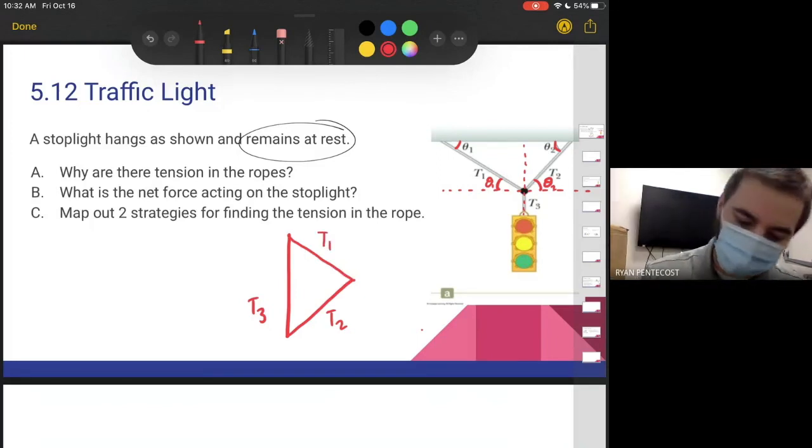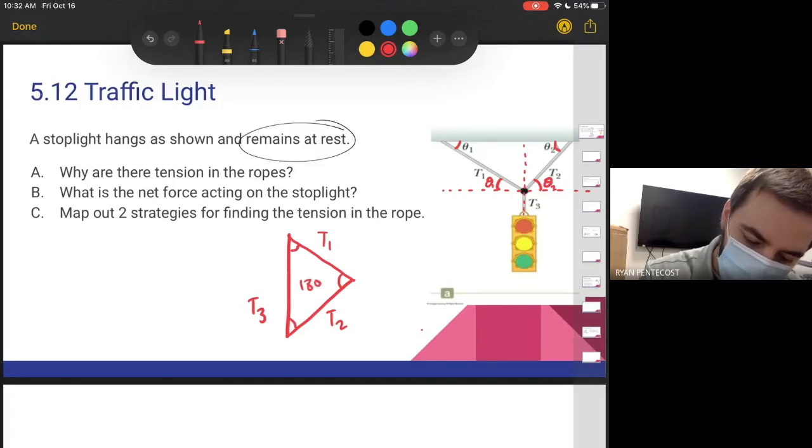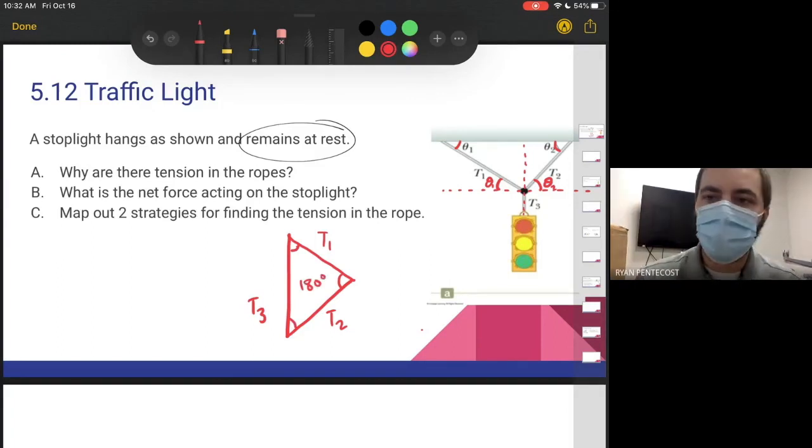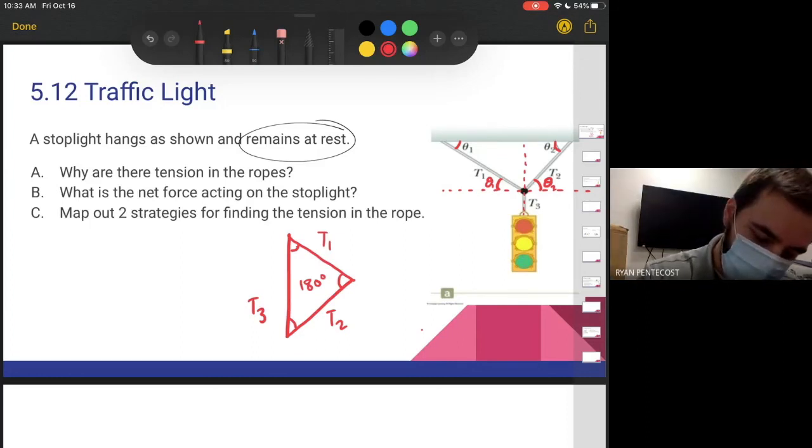And then we would have to figure out our angles all throughout the triangle, and make sure they add up to 180 total, right? And then law of sines, you can write it two different ways.